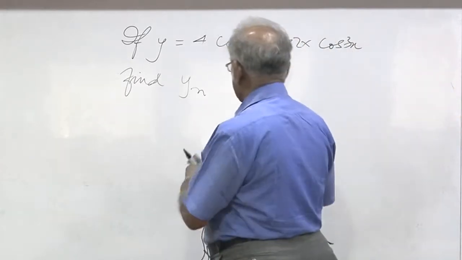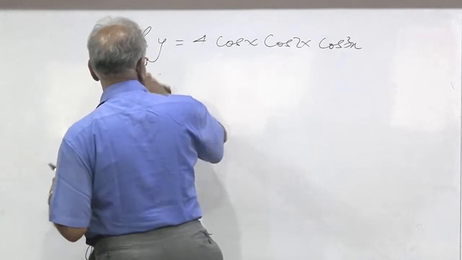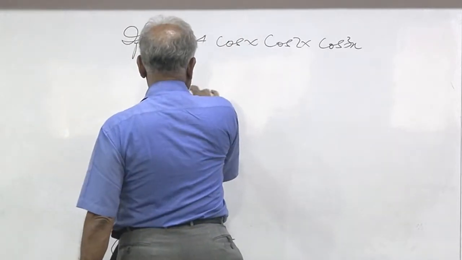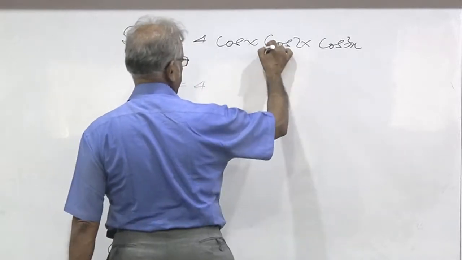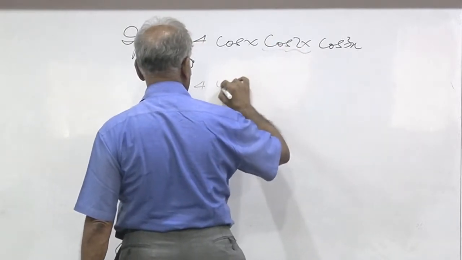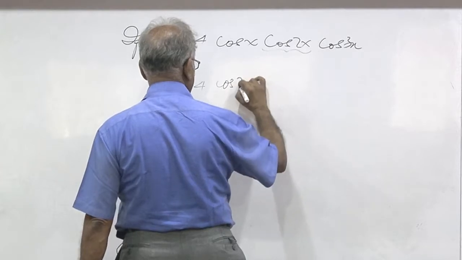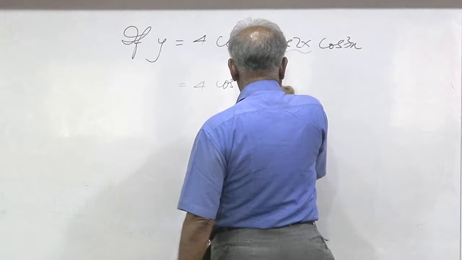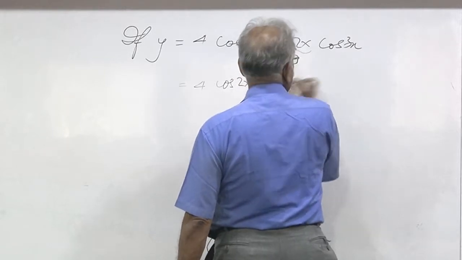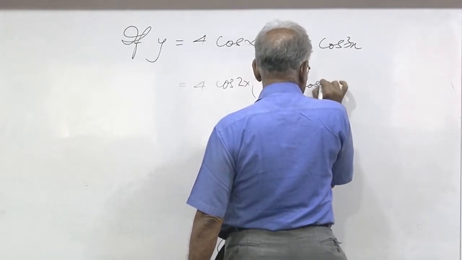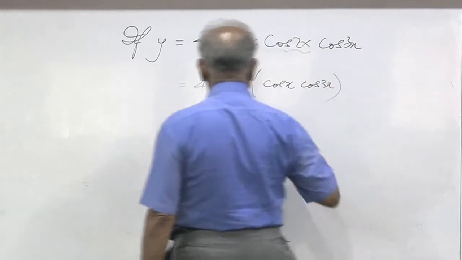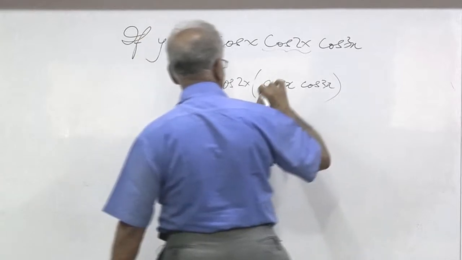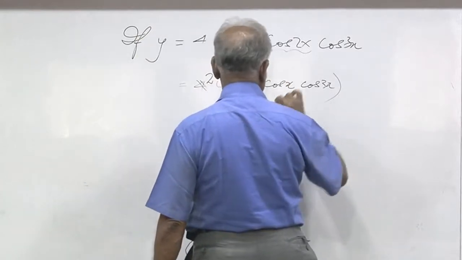So what we do for that is, we observe that this is actually 4 times cos 2x into cos x cos 3x. In fact, we cut this down to 2 and put a 2 inside here.